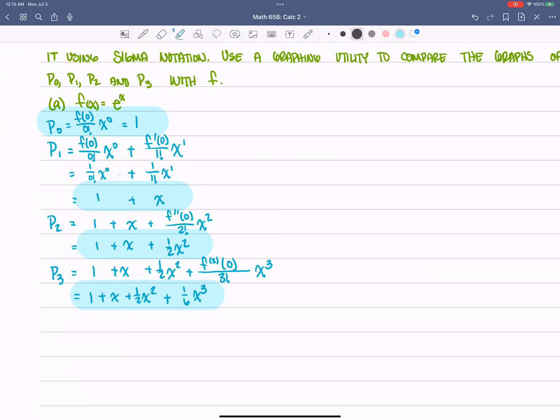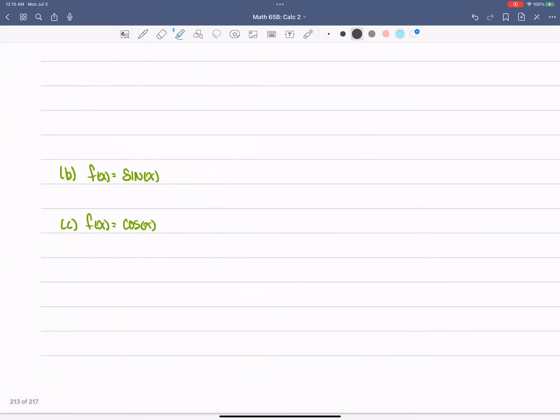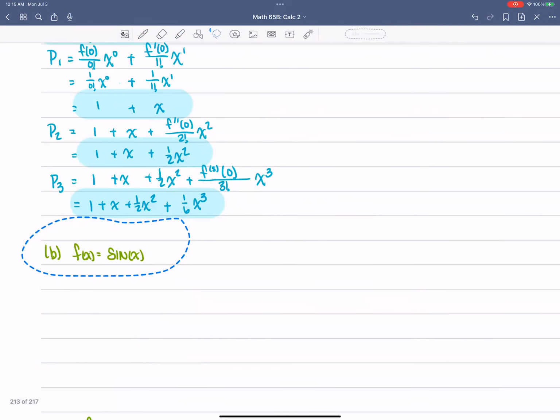Simple as that. But for this next one, things get a little different just because we have a different kind of function. So here we're going to have to find all of the different derivatives. So to start off, we have our original function, f of x is equal to sine x.